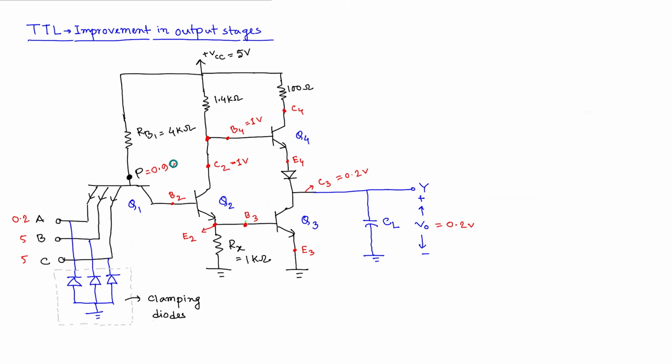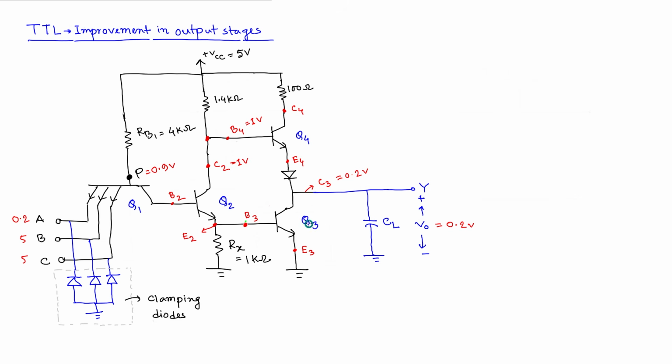That will not be enough to keep Q2 and Q3 saturated, so Q2 will be cut off and Q3 will also be cut off. In this path you can see that the C2 node or B4 node is now not tied to Q2, so the value of C2 can change or go higher to provide for Q4 and E4, because these are now turned off.